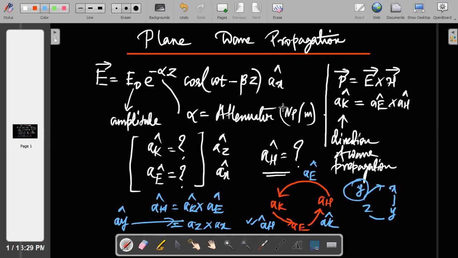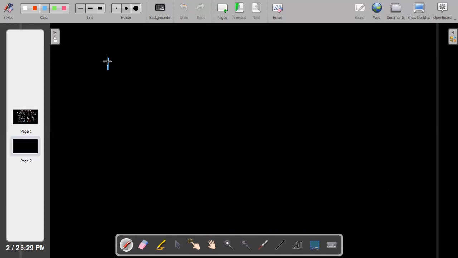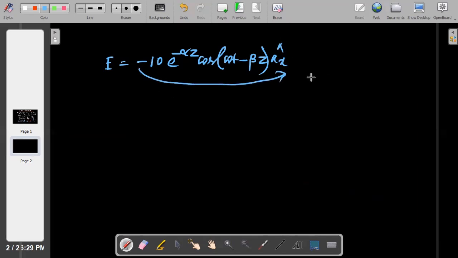Don't confuse plus and minus. Now another thing: if there is a minus here, let's say minus z cos of omega t minus beta z, something like that, and I write a_x, then this minus is nothing but your direction is minus.